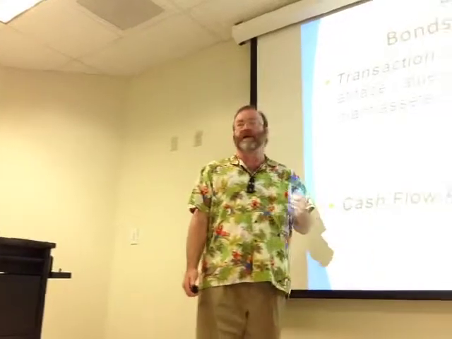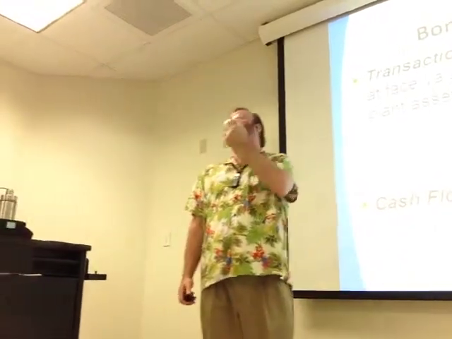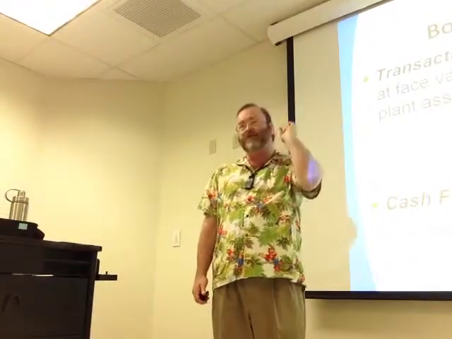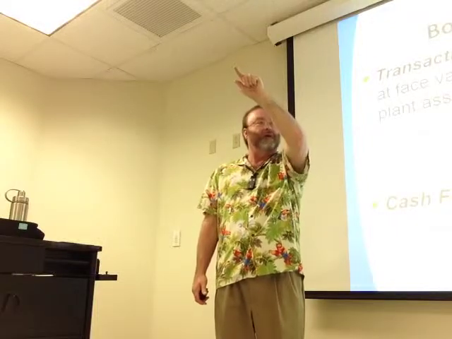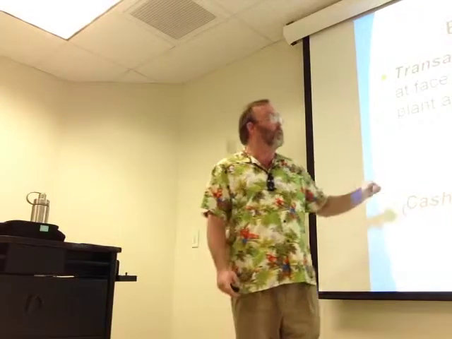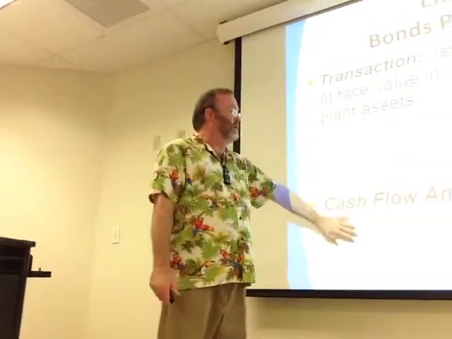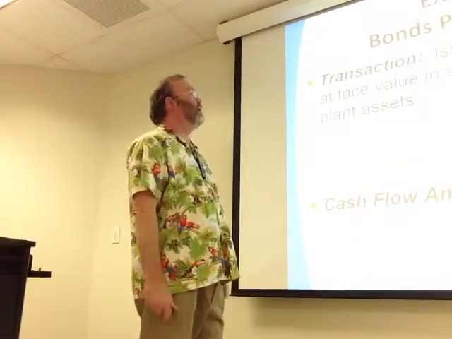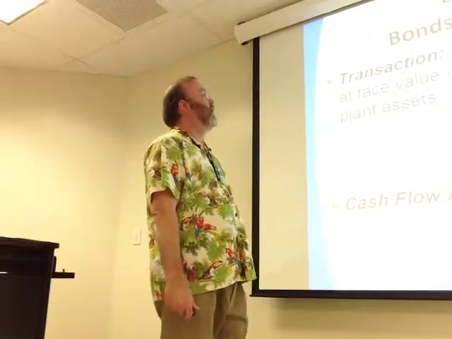I think it's more informative to the readers of the financial statements because you do have an investing activities purchase of plant assets. It should go into that section rather than putting it down at the bottom. So we'll be presenting this a little different than what this slide shows.